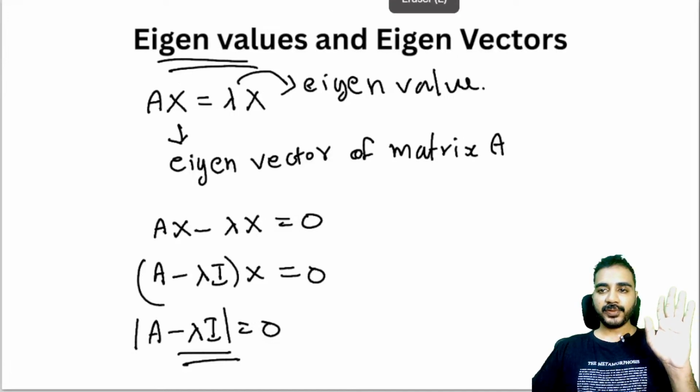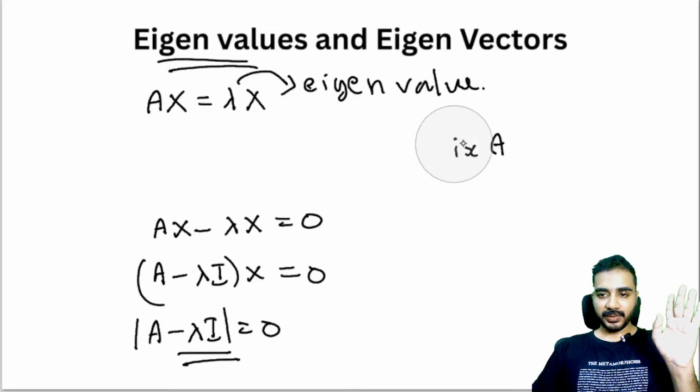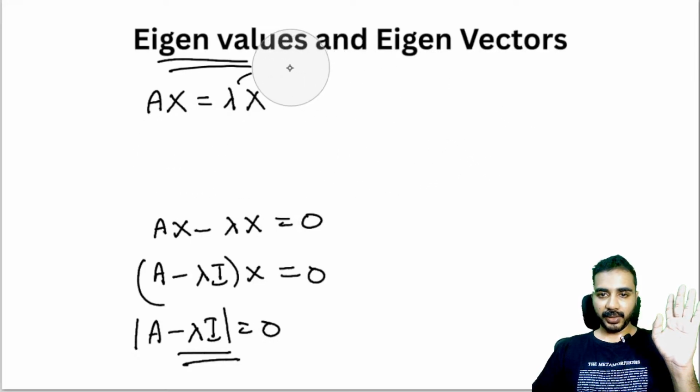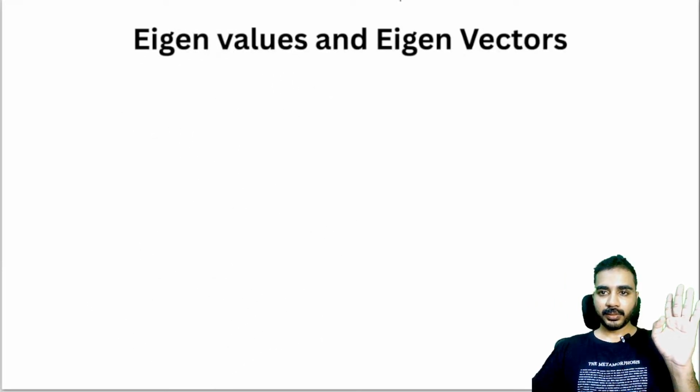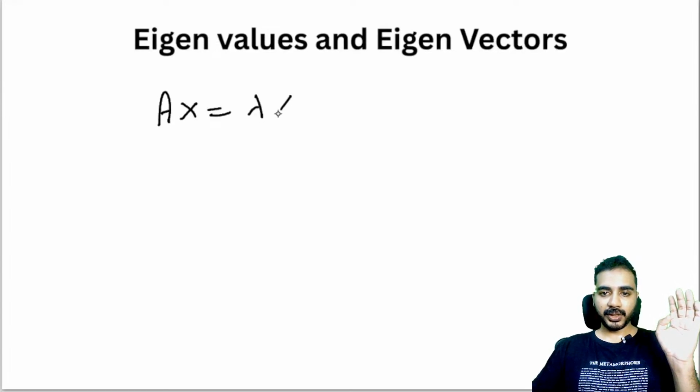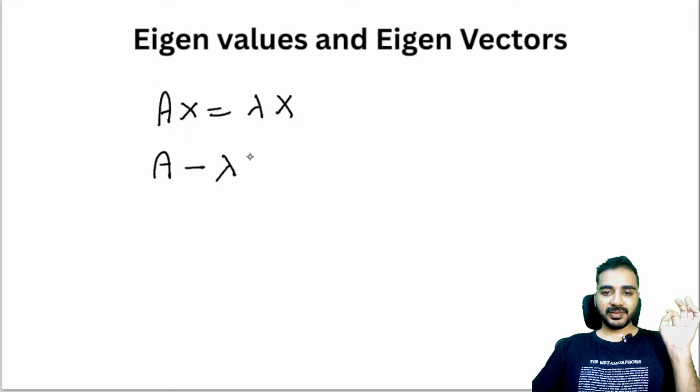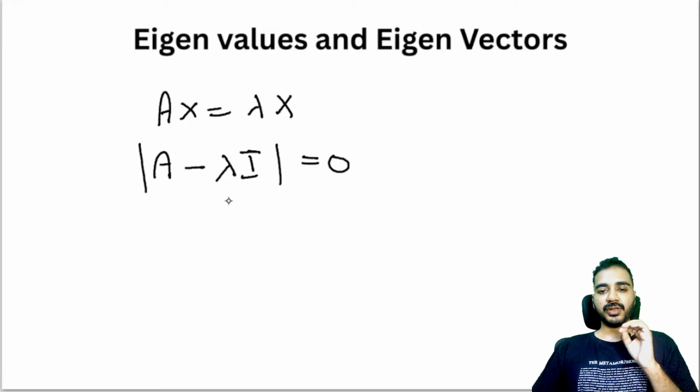In case of eigenvector or eigenvalue, first we need to remember the equation Ax equal to lambda x. Then the next thing we need to remember is that the determinant of A minus lambda I should be equal to 0.